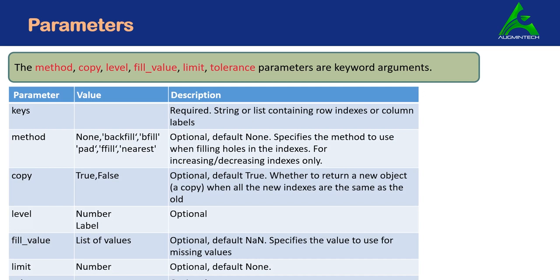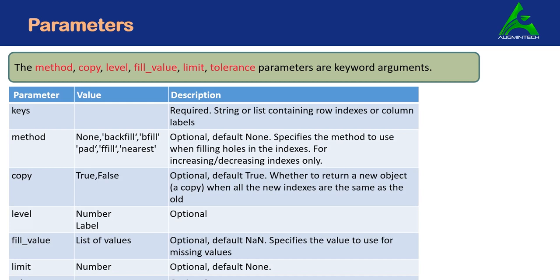It specifies the method to use when filling holes in the indexes, for increasing or decreasing indexes only. Then we have copy, which could take either of the values True or False. It's again optional, and the default here is True. It specifies whether to return a new object, that is a copy, when all the indexes are the same as that of the old. Then we have level. It could take a number or label, and it is optional.